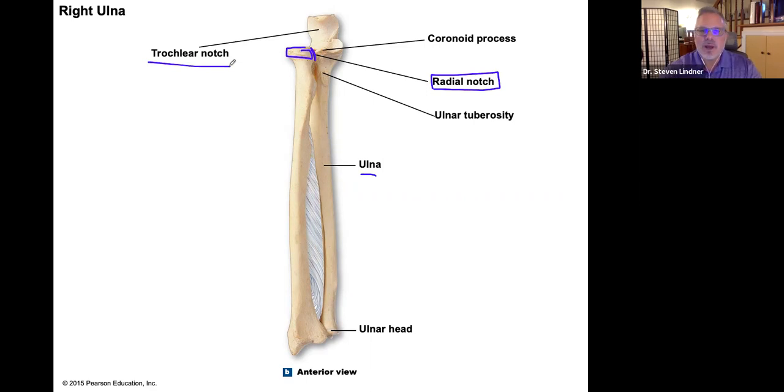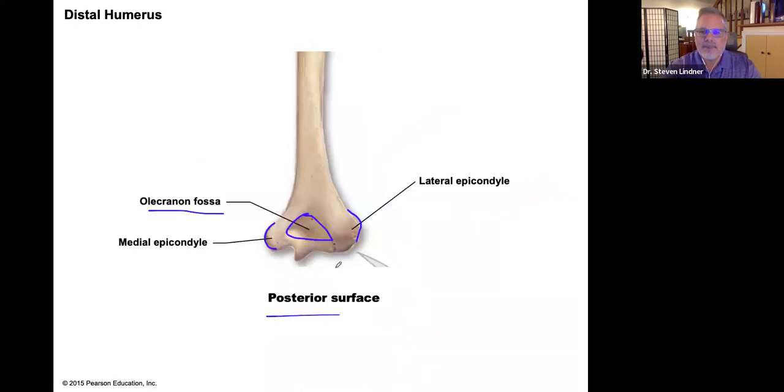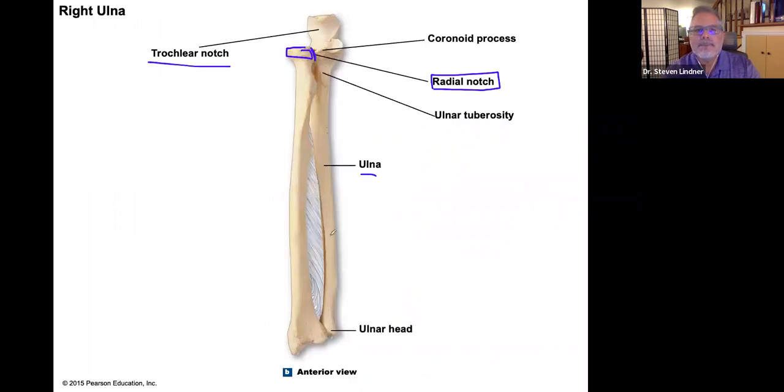Remember, the trochlear notch is going to fit perfectly here with the trochlear. Here's the shaft of the ulna. Here's the shaft of the radius. This is the head of the radius, whereas the head of the ulna is distal.